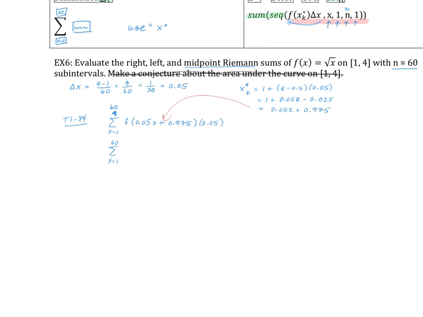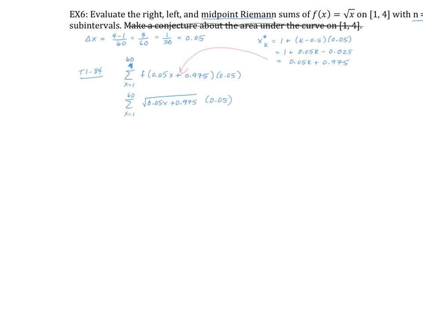In place of the f of 0.05x plus 0.975, you're going to put the function, which is the square root function of 0.05x plus 0.975, and you're going to multiply that by your delta x. That's what you'll enter into your TI-84 calculator. So what you should get is this approximation of 4.6667.